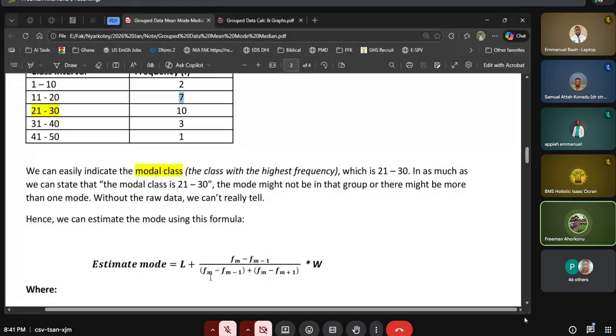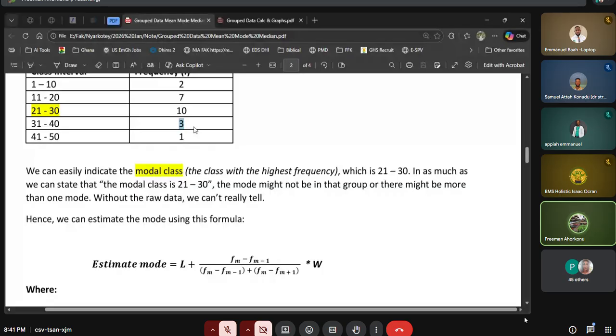Then you repeat the same thing: frequency of the modal class, 10. Frequency of the class before the modal class, 7. Then plus, frequency of the modal class, and that is 10. Then frequency of the class after the modal class, and that is 3. The rest is the use of your own calculation.